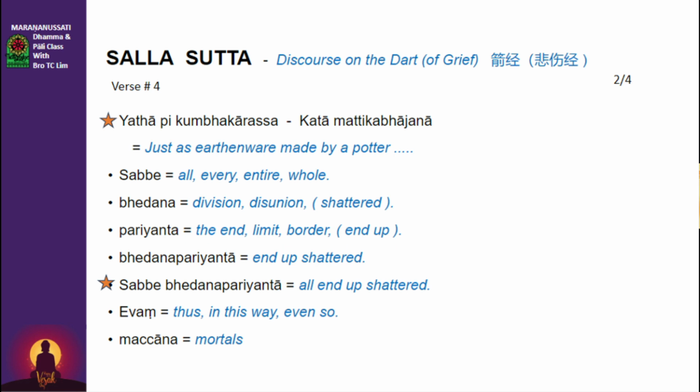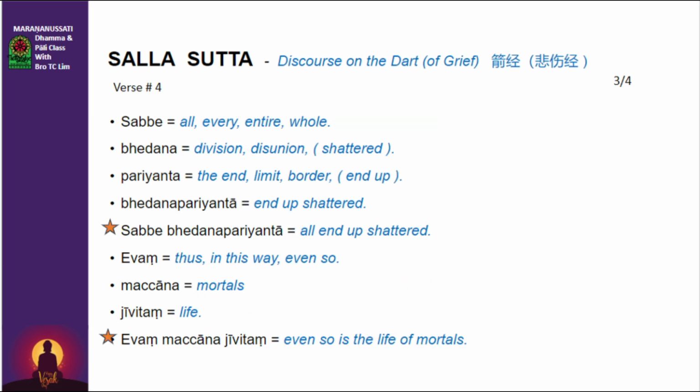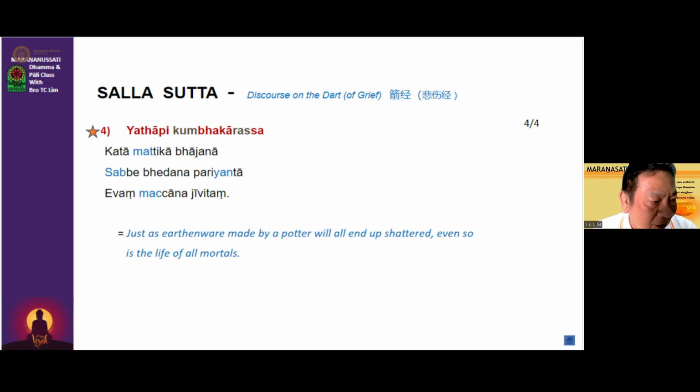Jivitang, life. Evang machanang jivitang, even so is the life of mortals. So here, in conclusion, verse 4: Yatapi kumbhakarasa kata matika bhajanang, sabe bedanapariyanta, evang machana jivitang. Just as earthenware made by a potter will all end up shattered, even so is the life of all mortals.